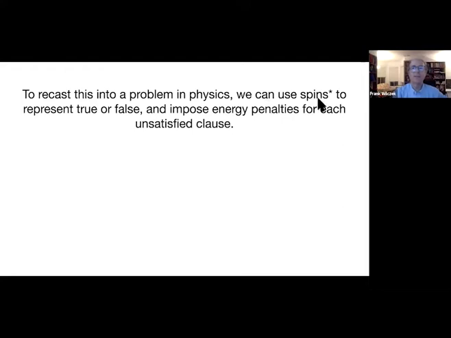Let's use spins to represent true or false. They don't have to be spins, but spins is a convenient thing to talk about. They could be a high and a low voltage. They could be a lot of other things. But let me just say, we need two values to represent true or false, so we can take spin up and spin down in a certain direction as representing true and false, respectively.